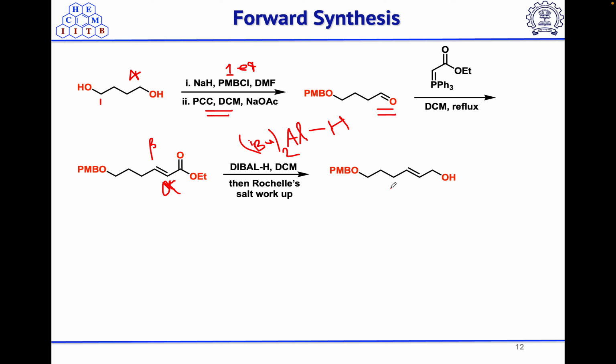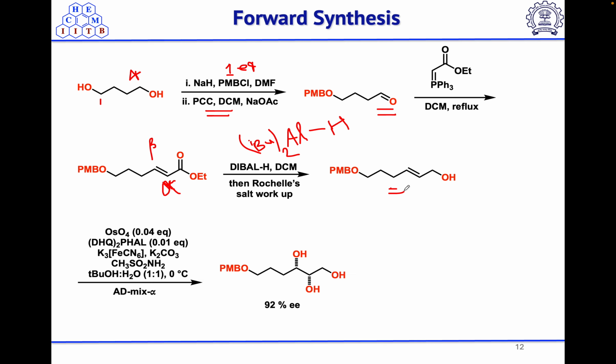Okay, now after getting this allylic alcohol, what is the next? Next we have to do 1,2-dihydroxylation. For this we are using AD-mix alpha conditions, that means Sharpless asymmetric dihydroxylation, right?